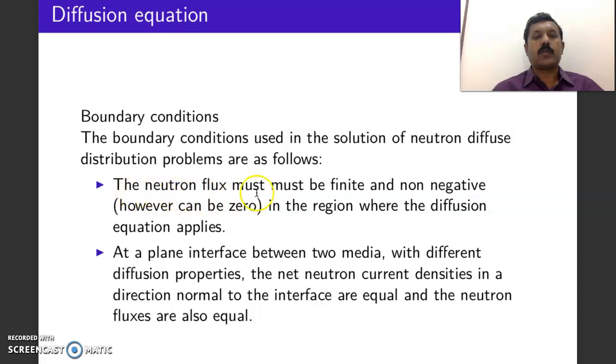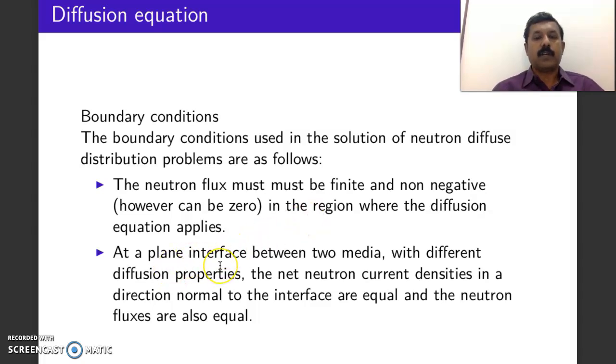We assume that the neutron flux must be finite and non-negative, but it can be 0. And remember, we apply all these boundary conditions in the region where the diffusion equation applies.